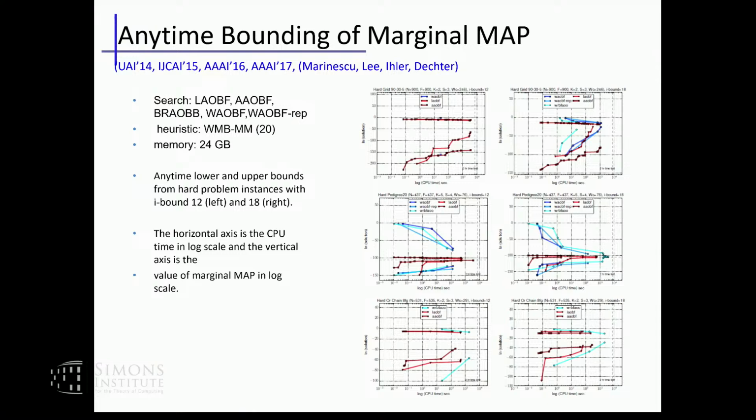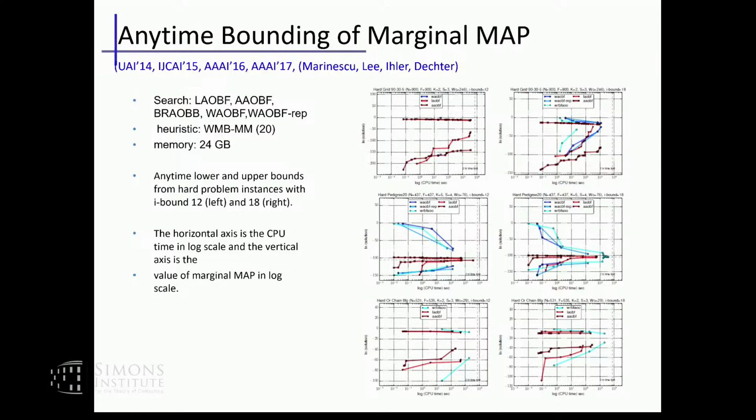The results that we show are empirical. We have a collection of benchmarks, the UAI benchmarks, and we run a variety of candidate algorithms that we develop on these benchmarks and plot the results. These are just 3 instances from the benchmarks, and these are problems that are hard to solve exactly.